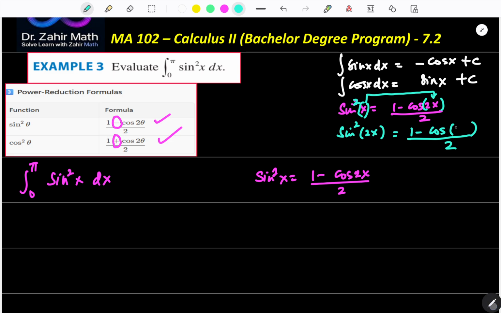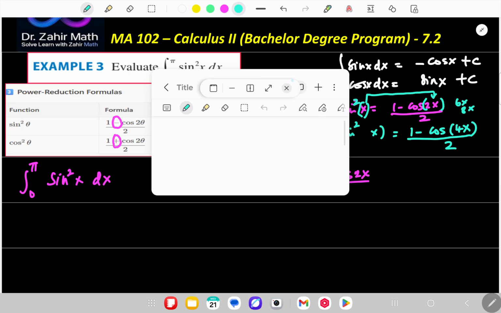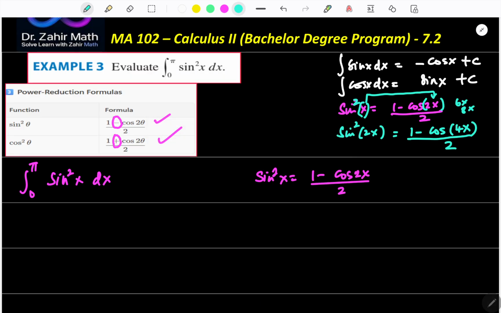Keep in your mind, it is 4x divided by 2. In this way, you have to multiply the angle by 2, depending on the situation. Suppose here it is 3, not every time by 2; depends on the product. With 3, you will get 2 into 3, 6x. Suppose you get 4, you will get 8x. So keep in your mind.